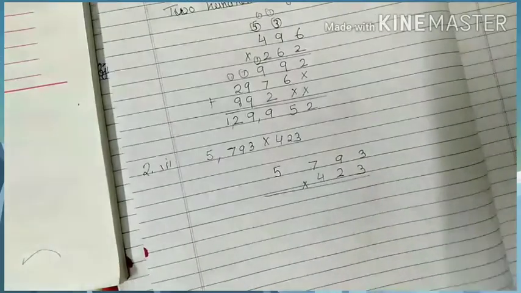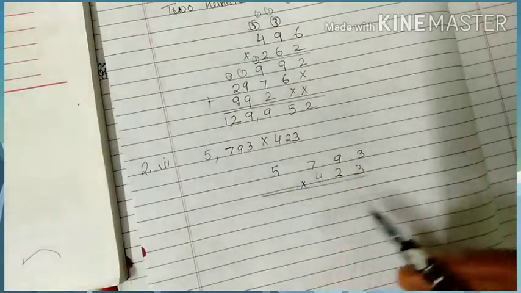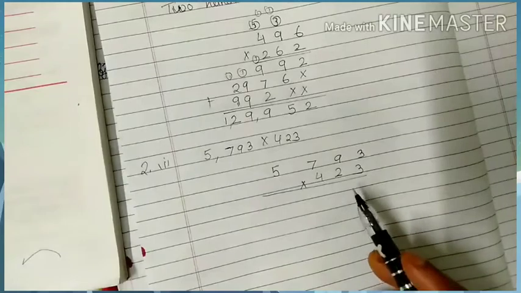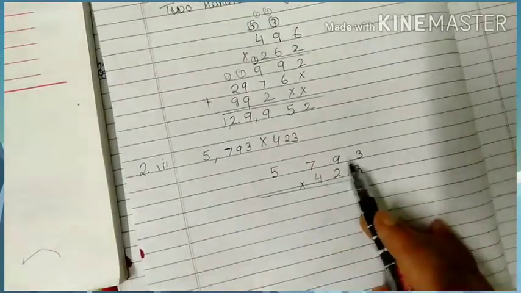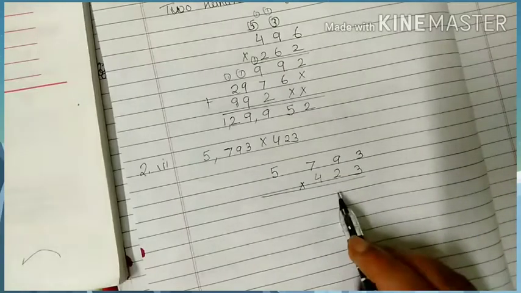Whenever you are doing multiplication, give a good space so that it will help you to do the multiplication. Don't write the numbers too close together, otherwise you will get confused. If you give a little space, it will be easier to do the multiplications.